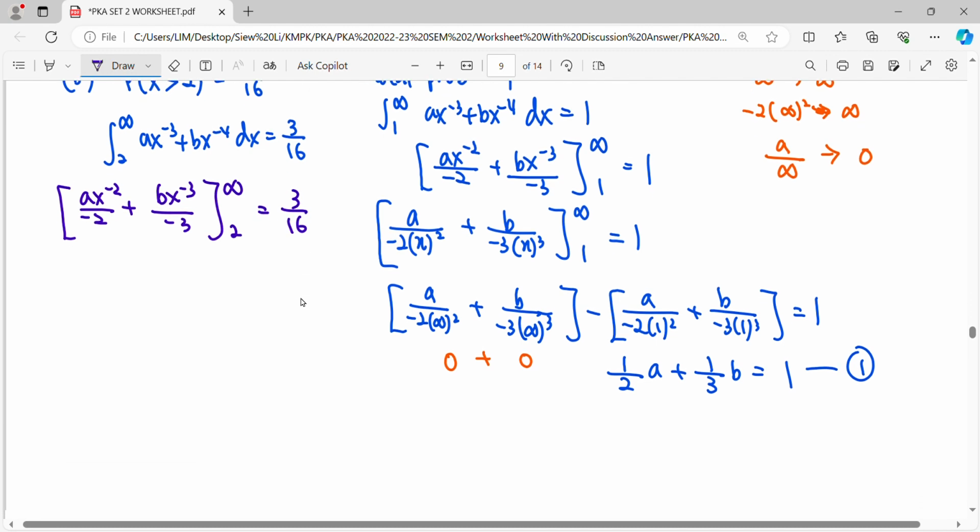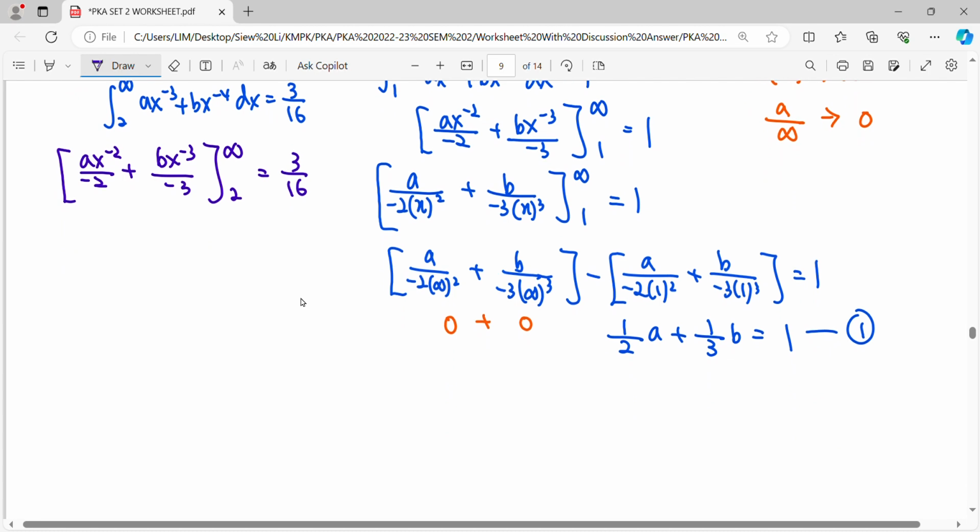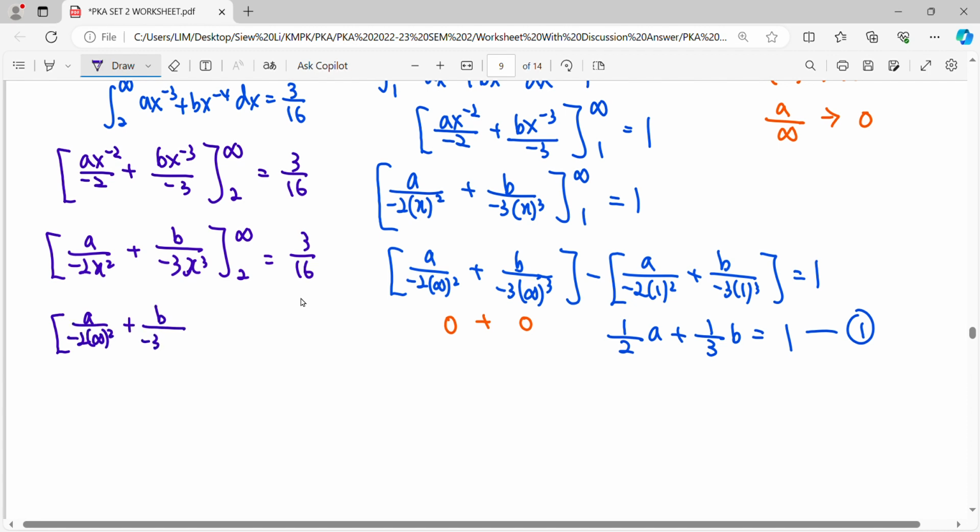So we try to simplify. a over negative 2x squared, b over negative 3x cubed, substitute the infinity, minus lower limit.